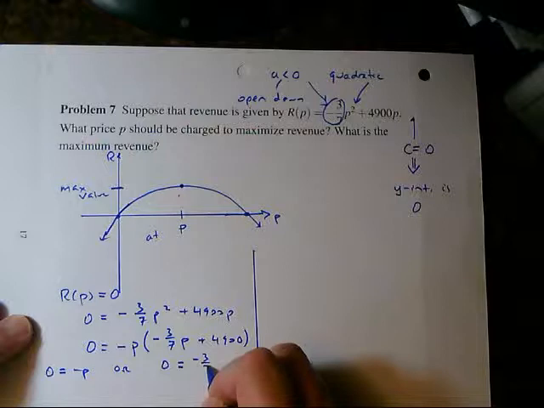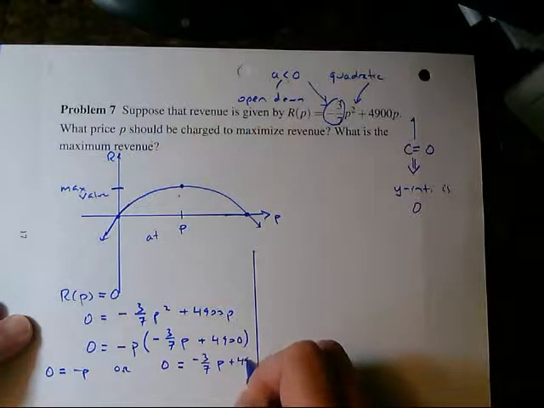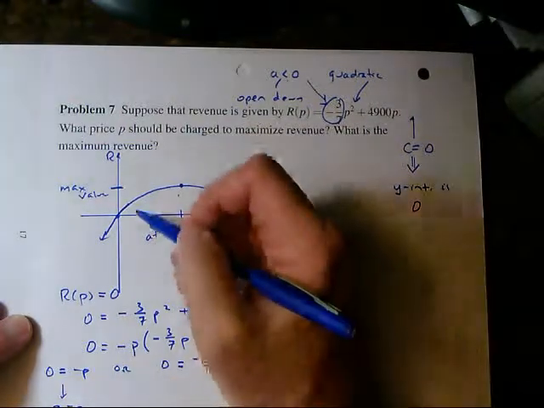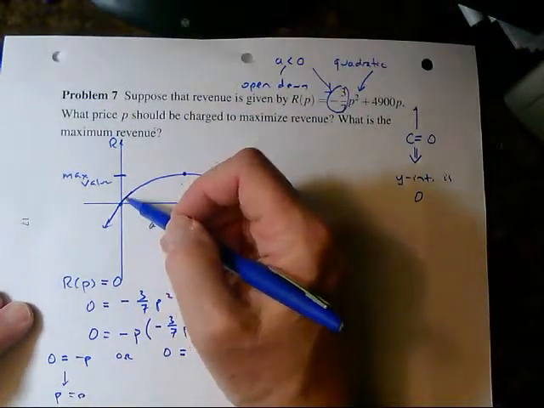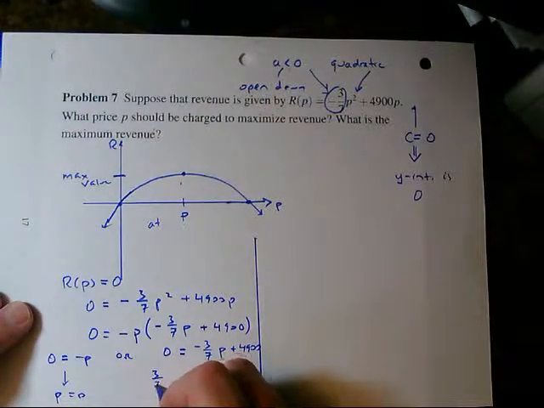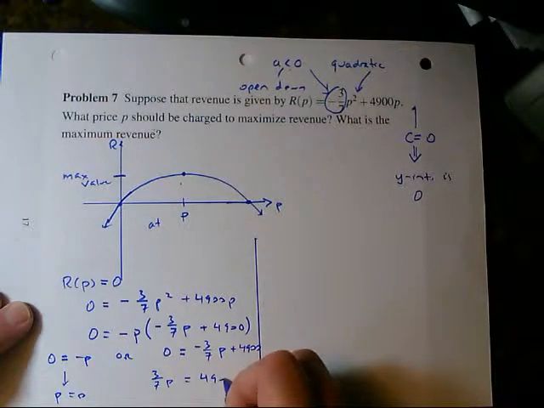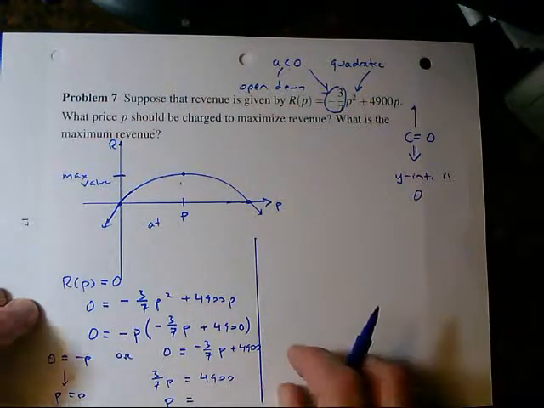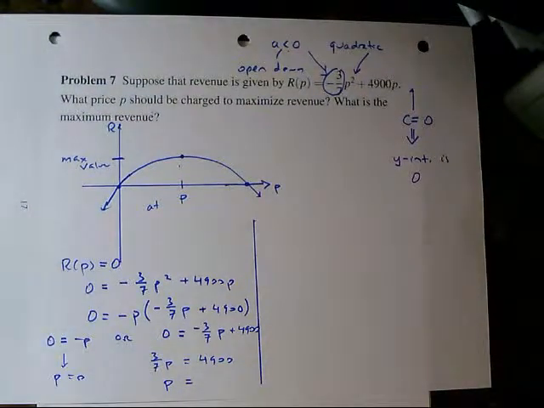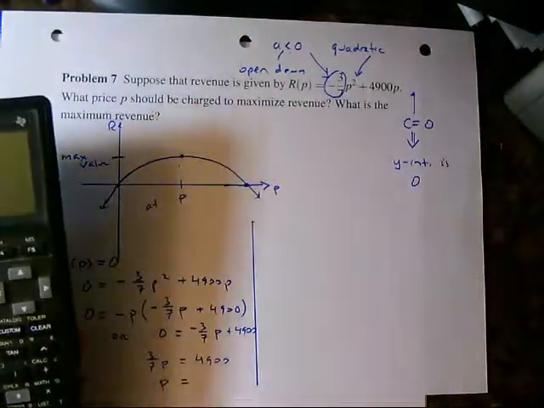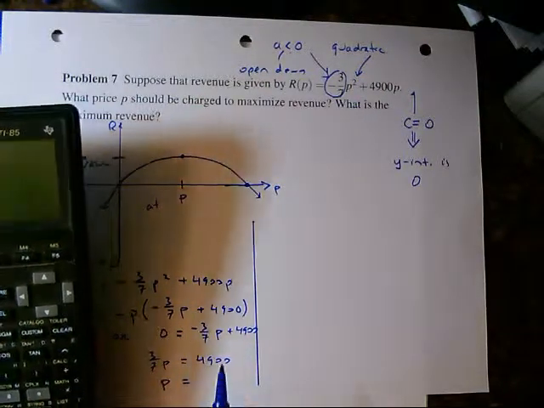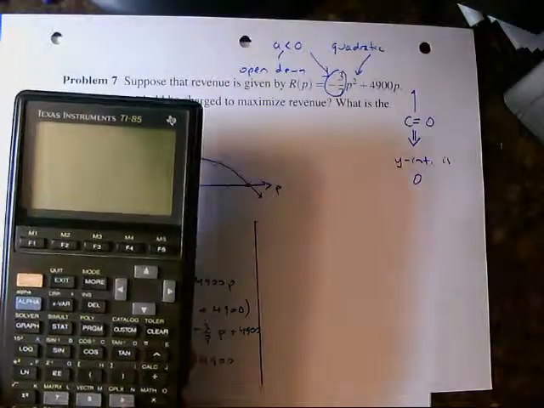Well, we know that this equation is true provided 0 equals p, or 0 equals negative 3/7 p plus 4900. This tells us that p equals 0, but we already knew that. This tells us that 3/7 p is 4900.